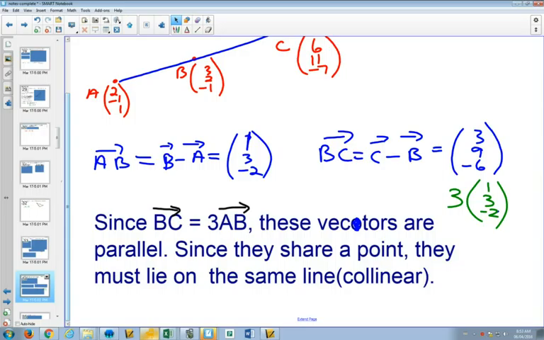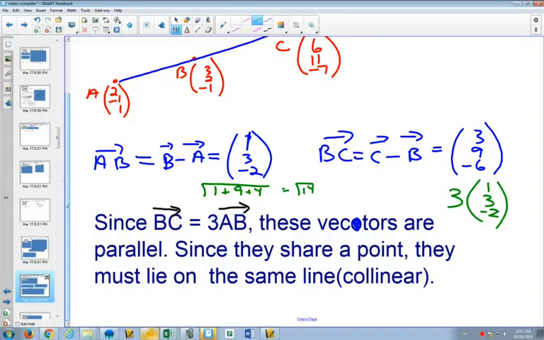If you wanted to do the distance method, that's just finding the magnitude. So if we were finding the magnitude of this one, A to B, we would have 1 squared plus 3 squared plus negative 2 squared, square root of 14.